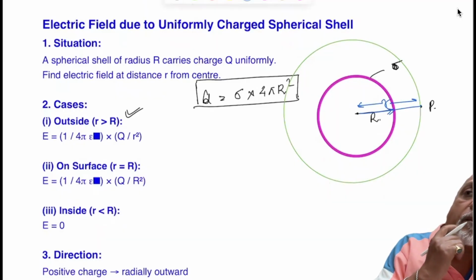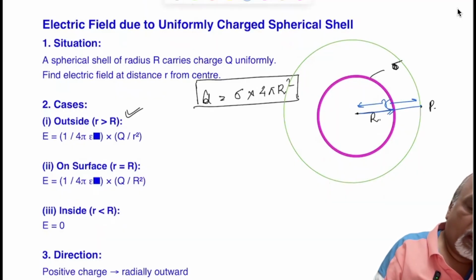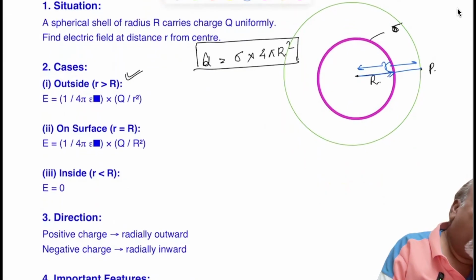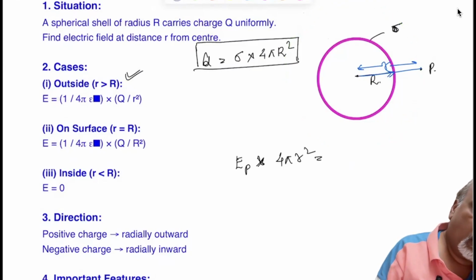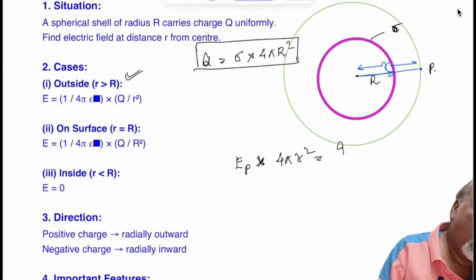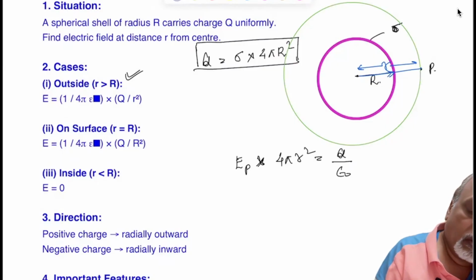At P, we have to find the electric field. What is the area of the Gaussian surface, and what is the charge enclosed? The charge enclosed is nothing but the total charge upon epsilon 0, correct?